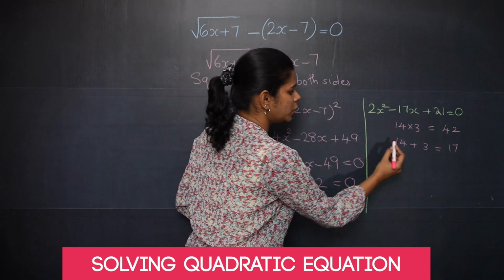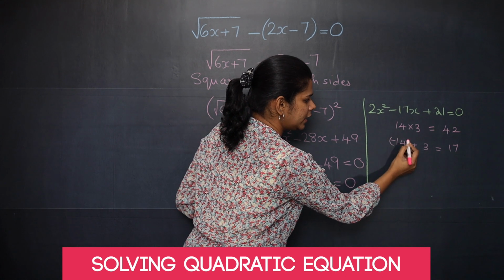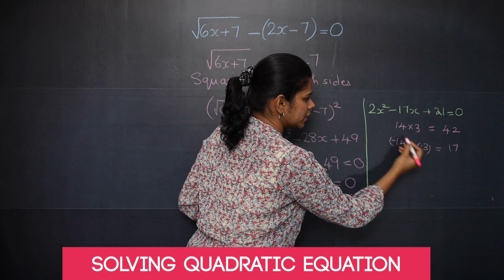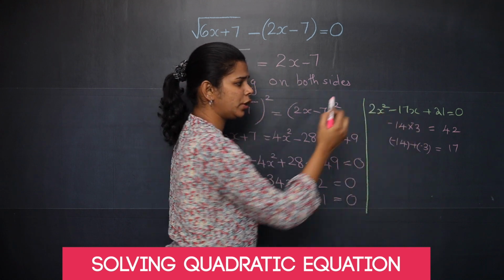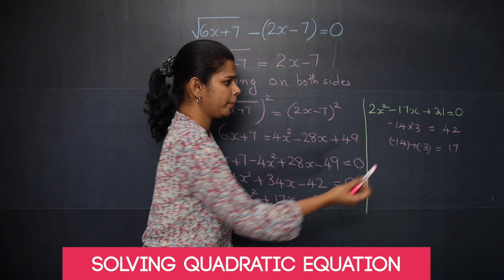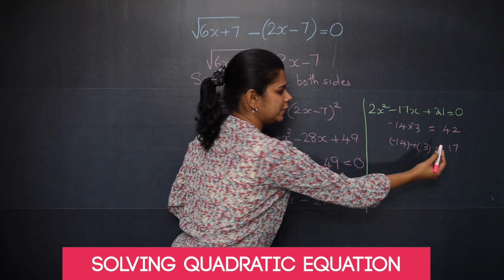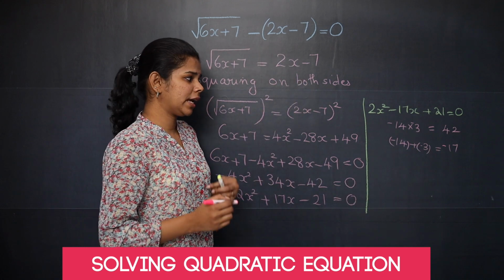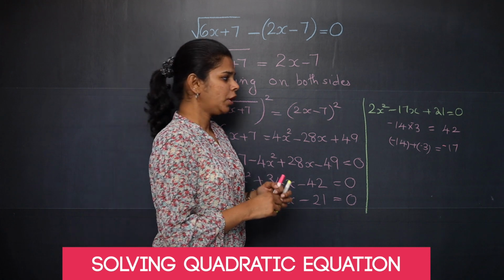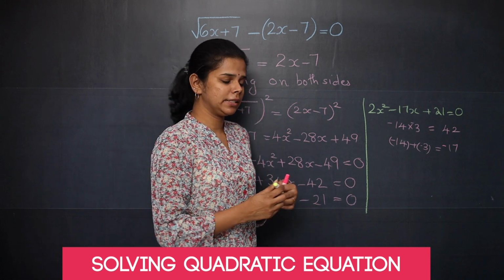So what you can do is you can just put a negative sign on both numbers. Here also when you put, what happens? Negative 14 into negative 3 becomes 42, and negative 14 plus negative 3 will become negative 17. So you got the numbers negative 14 and negative 3. Now you are going to split the middle term.